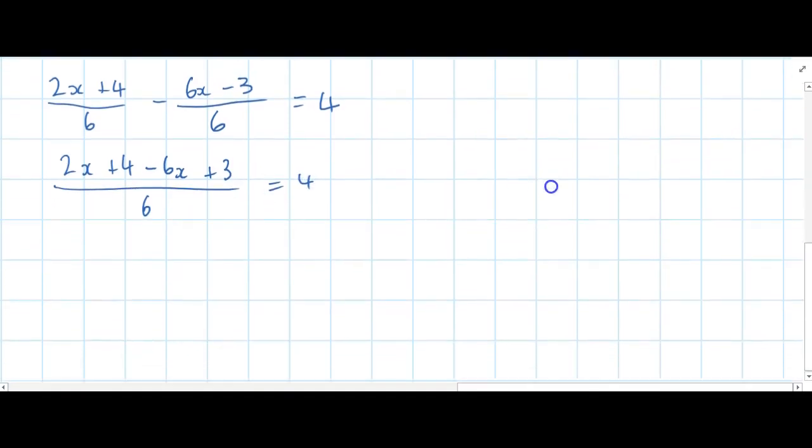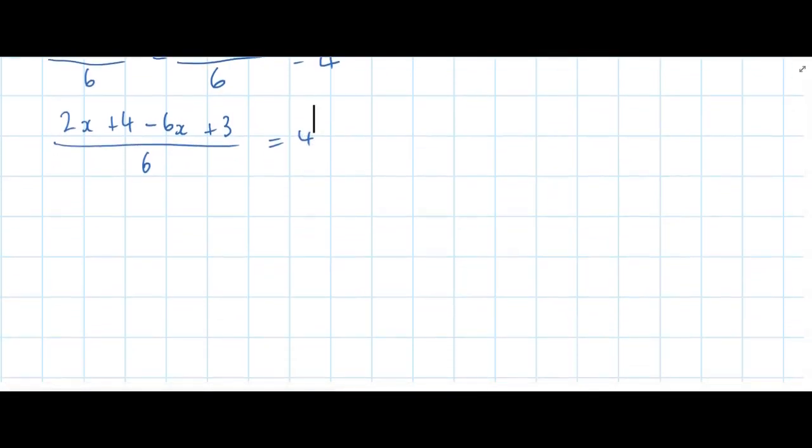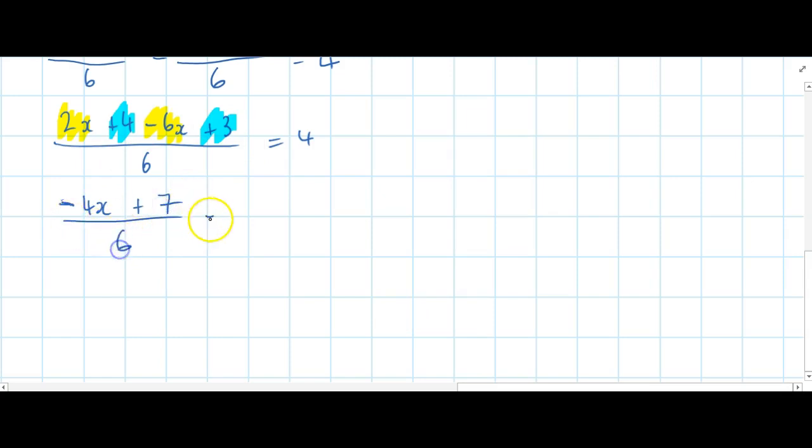Hopefully it should be starting to look familiar; we're using all the rules that we've learnt over the past few years. So common factors: 2x, negative 6x, plus 4, plus 3, we add all those together. So 2x minus 6x is minus 4x, and 4 plus 3 is 7, over 6 equals 4.